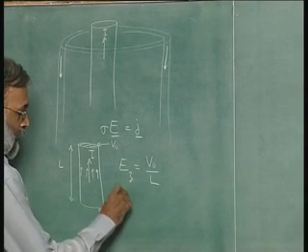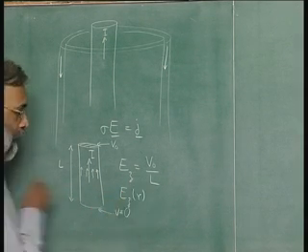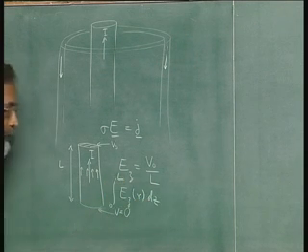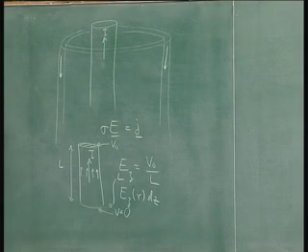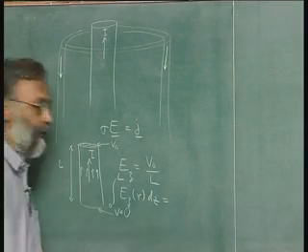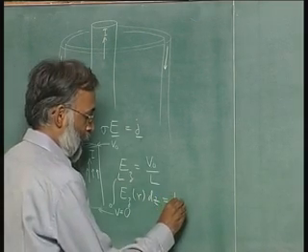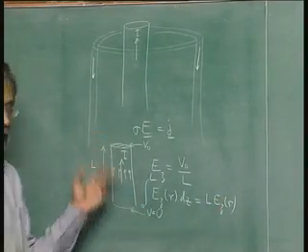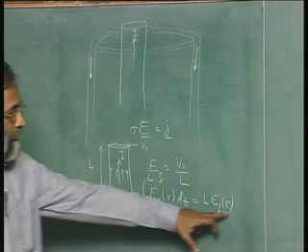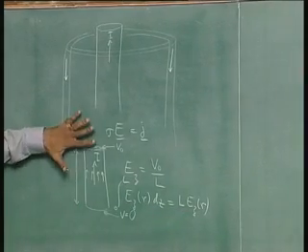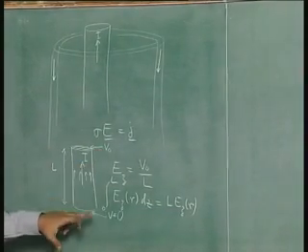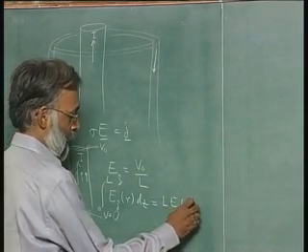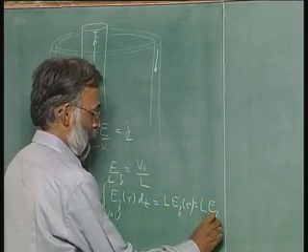That is, if E z were a function of r, then I could do an integral 0 to L dz, that will give me the voltage drop, but that integral would correspond to L times E z, because E z does not depend on z, it depends on r only. But this is not allowed, because the entire top of the wire is at voltage V naught, the entire bottom of the wire is at voltage 0. So, E z cannot depend on r, it is a constant.